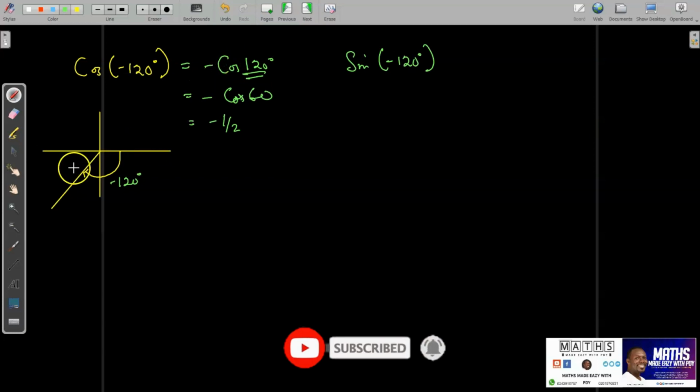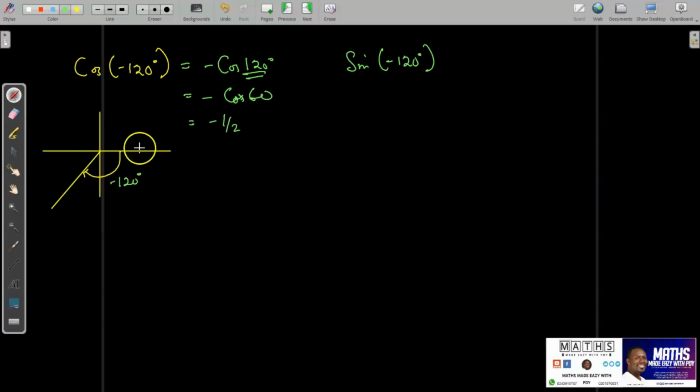We've understood that per the graphical operation, I'm not finding just cos of 120. I'm finding cos of negative 120, and cos of negative 120 is going to be negative of cos of 120. Therefore, the special angle found in 120 is 60, and that is why it's supposed to be negative cos 60.